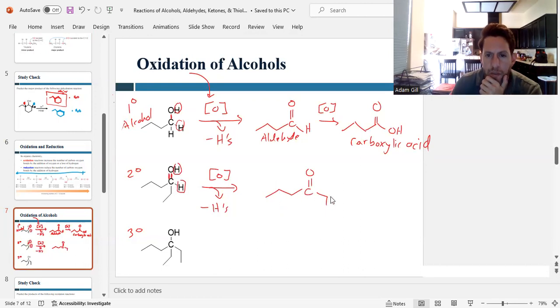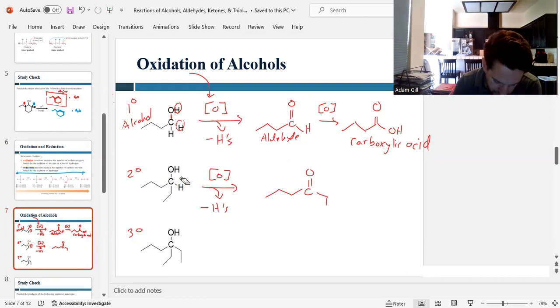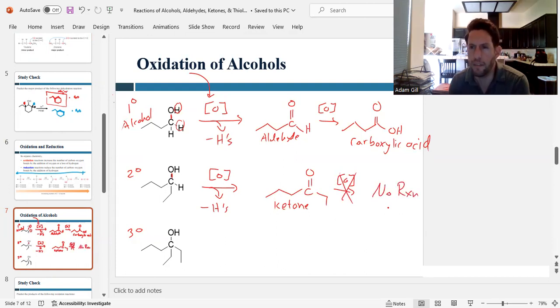So 3 carbons, carbonyl, 2 carbons. We lost hydrogens, and we increased the number of bonds to oxygen from 1 to 2. So the secondary alcohol becomes the ketone. Okay. And if you try to oxidize a ketone any further, it does not work. You would get no reaction. Ketones are much more stable than aldehydes, and so ketones don't oxidize any further.